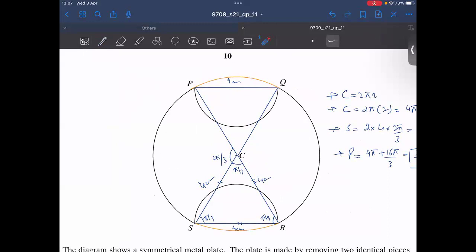I'm going to subtract from this. You may do it like you have this arc C, P, and Q. You have this arc, and let me shade this.